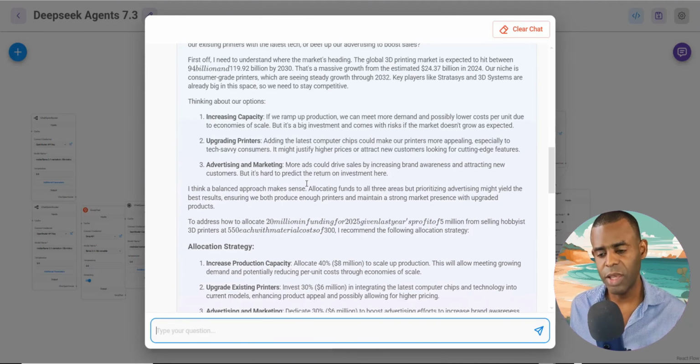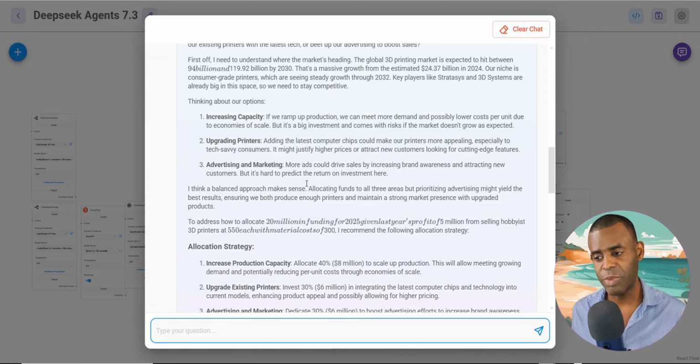All right. So option number one, increasing capacity. If we ramp up production, we can meet more demand and possibly lower costs per unit due to economies of scale. But it's a big investment and it comes with risks if the market doesn't grow as expected, which is something that happens to almost every company. All right. Option two, upgrading the printers. Adding the latest computer chips could make our printers more appealing, especially to tech-savvy consumers.